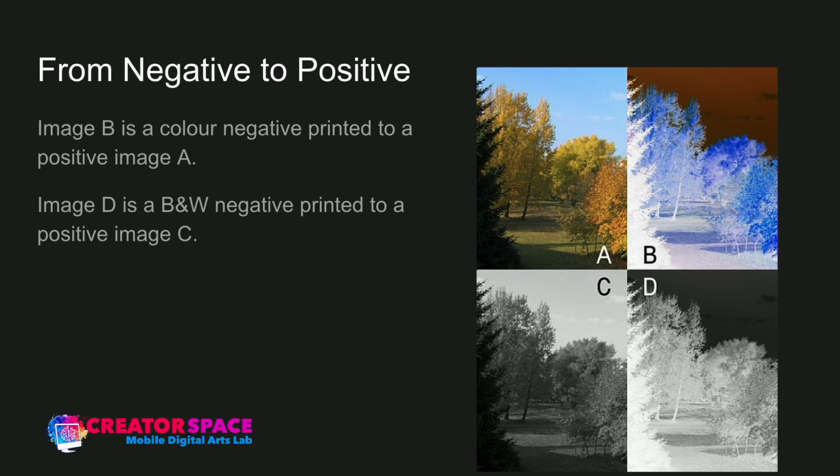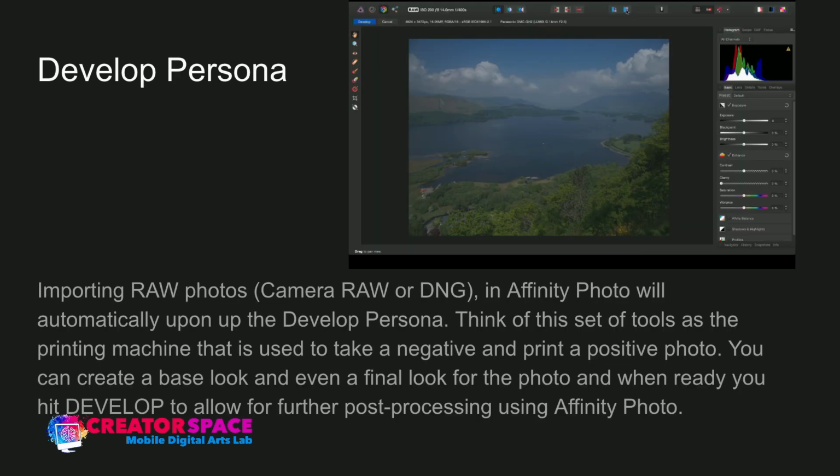So it's a cool process, an amazing process, and this is what we're trying to now do with importing raw photos, Camera Raw or DNG, into Affinity Photo, and it automatically opens up the Develop Persona, and in the developing you can quickly adjust things and figure out what you want to do. So you take the negative and you're manipulating it. Now the raw photos don't look like what I just showed, that negative.